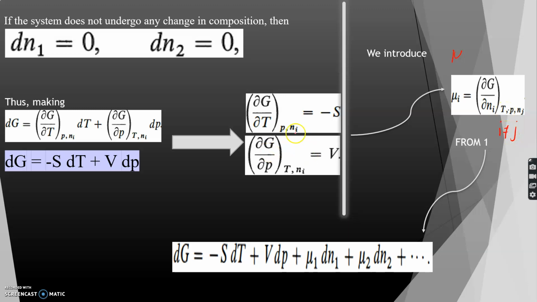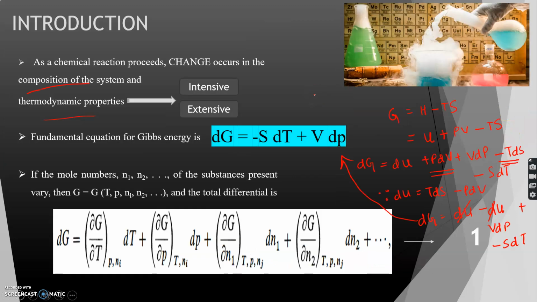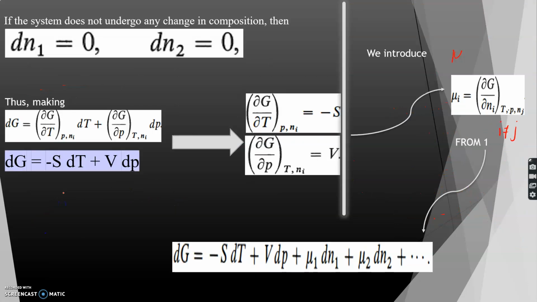Now from the previous equation, that is from equation 1, we write dG is equal to minus SdT plus VdP plus mu1 dn1 plus mu2 dn2 and it continues until mu n dn n.